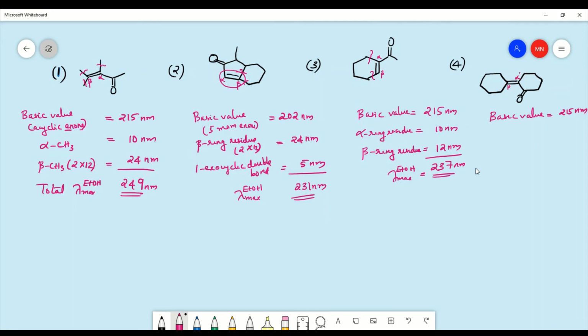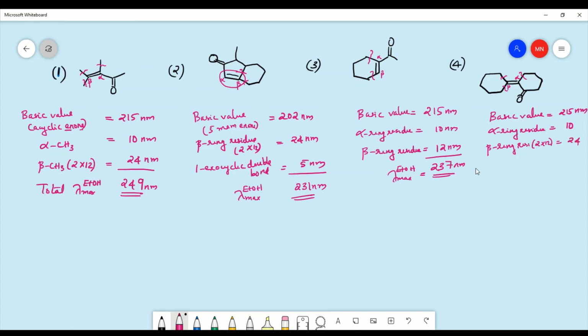There is only one alpha substituent, so alpha ring residue 1, and its contribution is 10 nanometer. Now the beta carbon has 2 ring residues, so beta ring residues: 2 into 12 is equal to 24 nanometer.